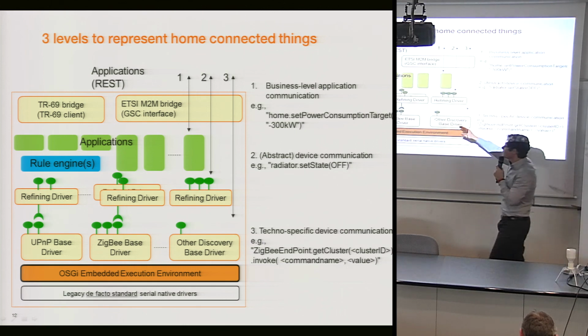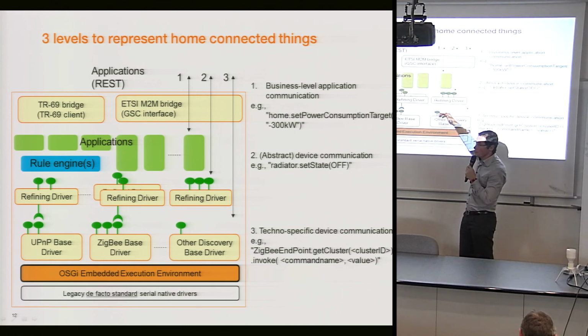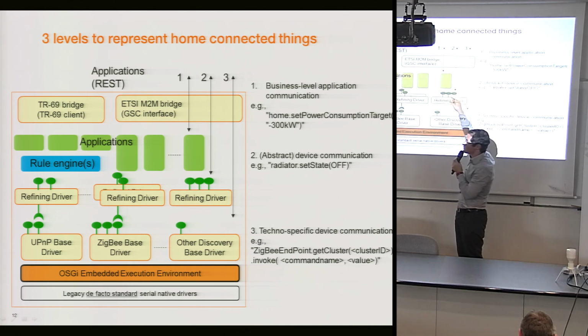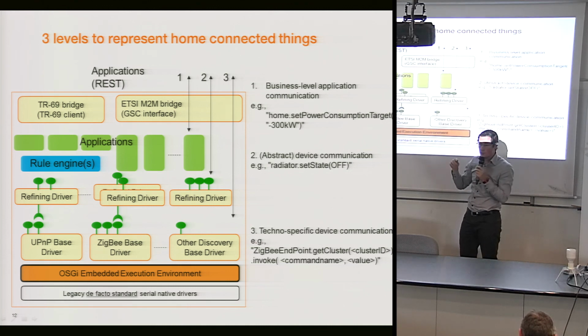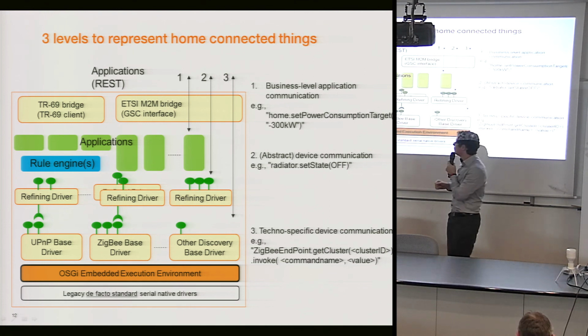Then above that, we could integrate any abstraction with a certain service API: the abstraction of the Home Gateway Initiative, the one of the OSGi Alliance, the one of HCM2M, the one of Eclipse Smart Home. We could have many today. Maybe AllJoyn will have one day, and so on.